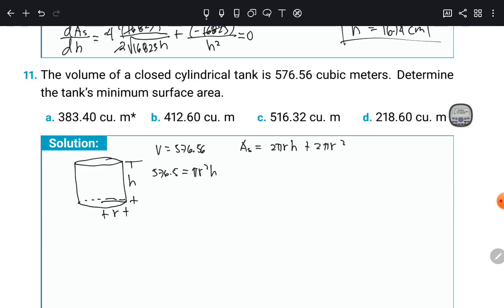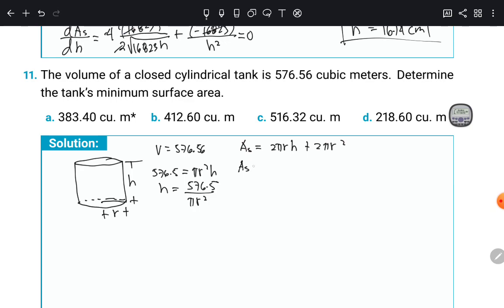And we can now solve for one variable from here. But what we are finding is the surface area. So we can just solve h here: h equals 576.5 all over pi r squared. And we substitute this in our equation here.